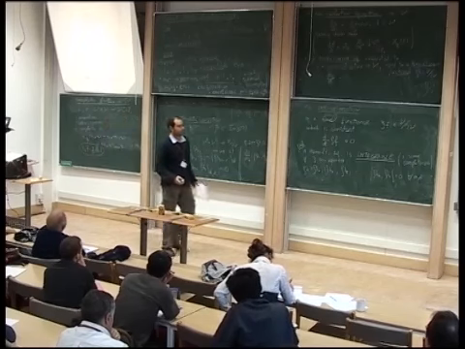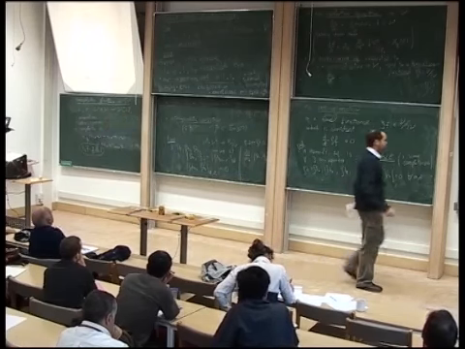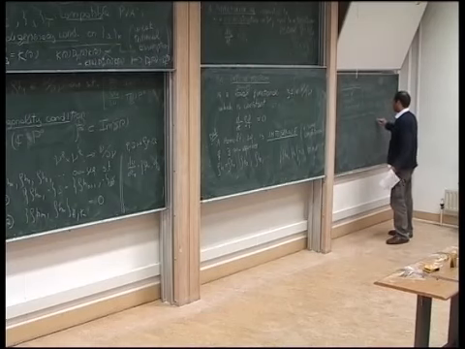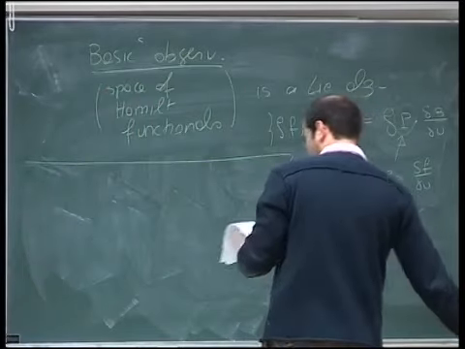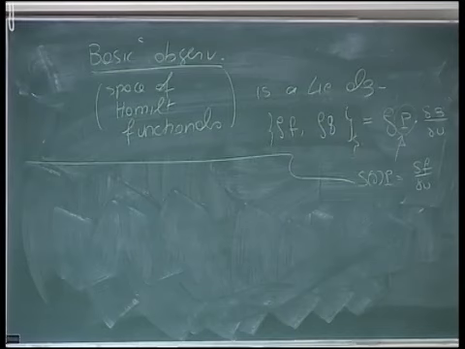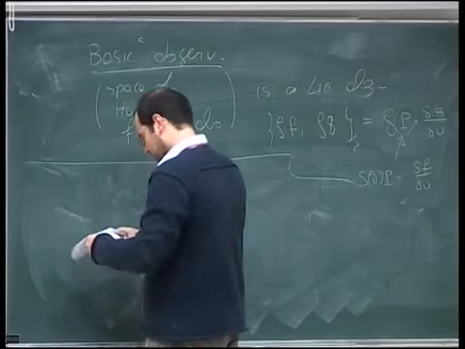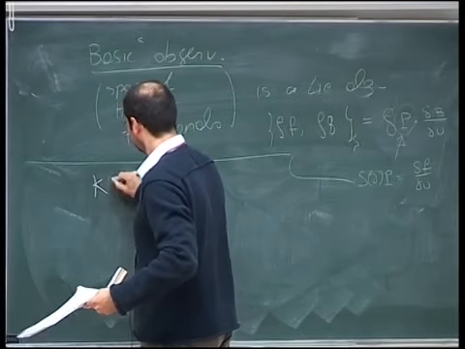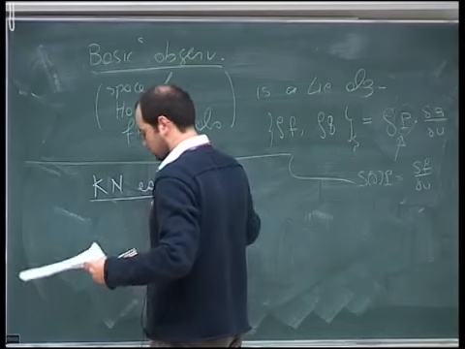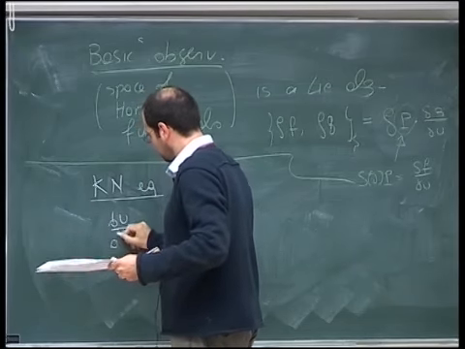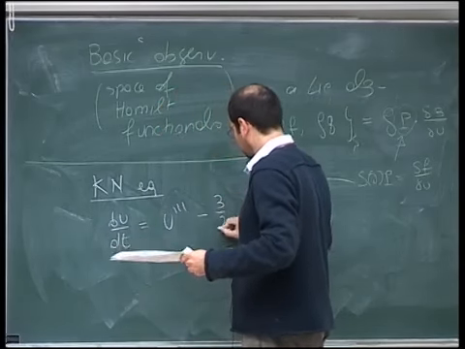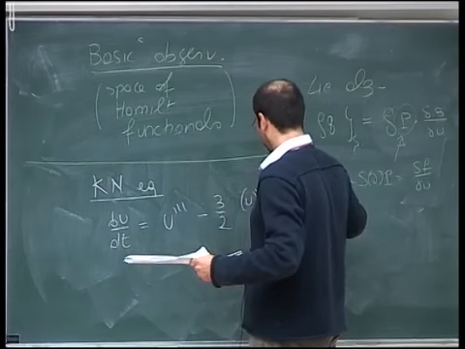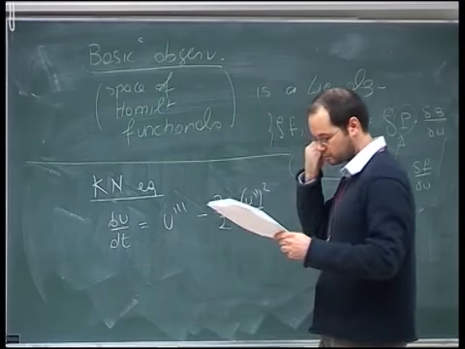And as an example, we can apply this to what Victor called before the KN equation. But let me just write the equation, and then I let you figure out all the details. du/dt is u triple prime minus 3/2 u double prime squared over u prime.